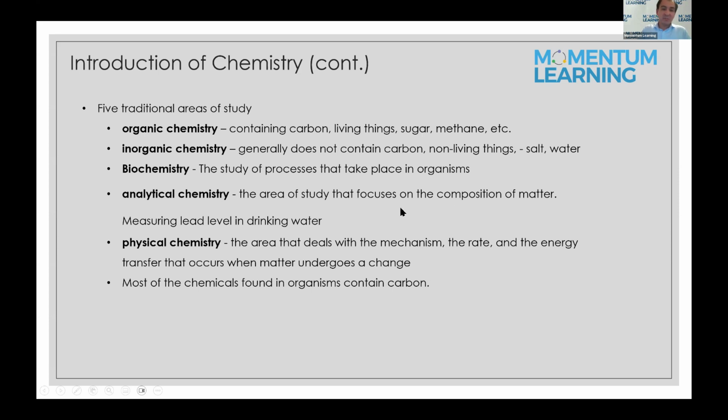If you are in forensic science, for example, doing blood tests and all those things, those are analytical chemistry. You are always measuring something. Physical chemistry, the area that deals with mechanism, the rate and energy transfer. So those are physical chemistry topics.